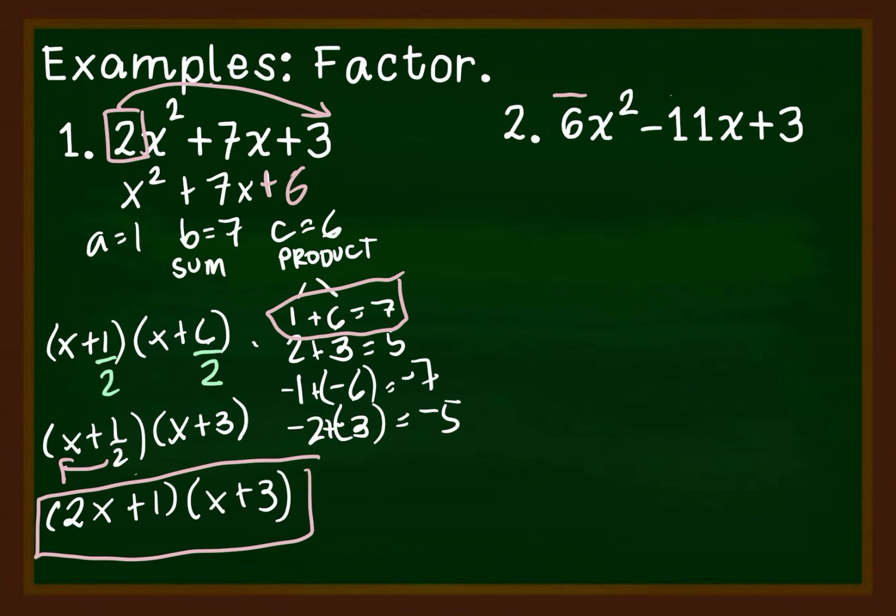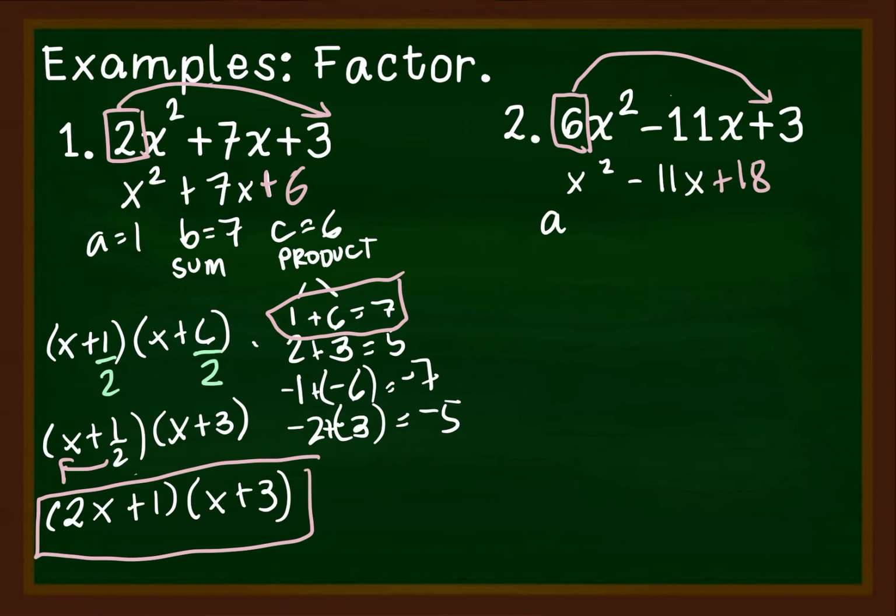Let's do the same in number 2. So, again, we slide 6, which is a, to c. We have x squared minus 11x, okay, plus 18, our new c.